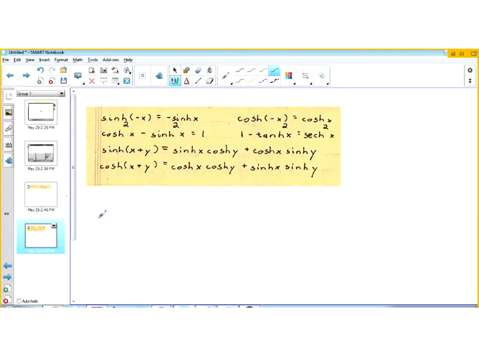What is the hyperbolic sine of negative x? Well, we know the hyperbolic sine of x is equal to e to the x minus e to the minus x, sorry, over 2.